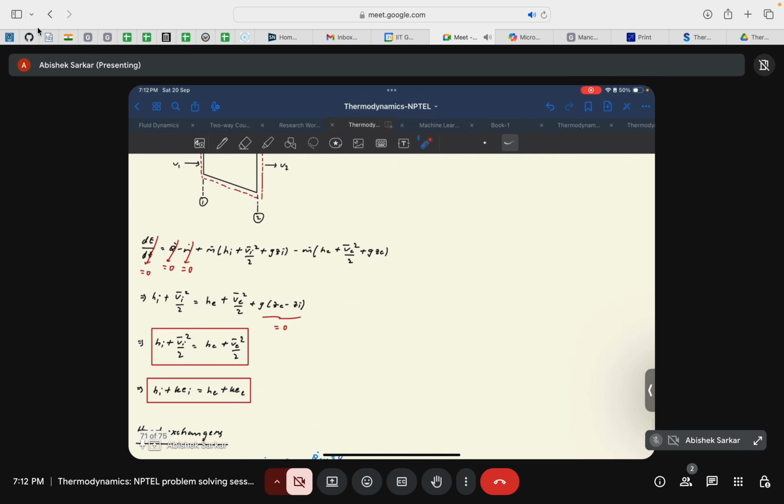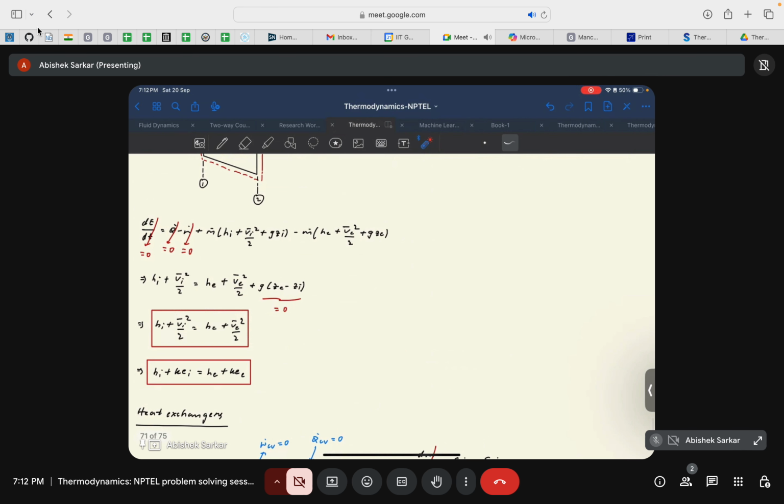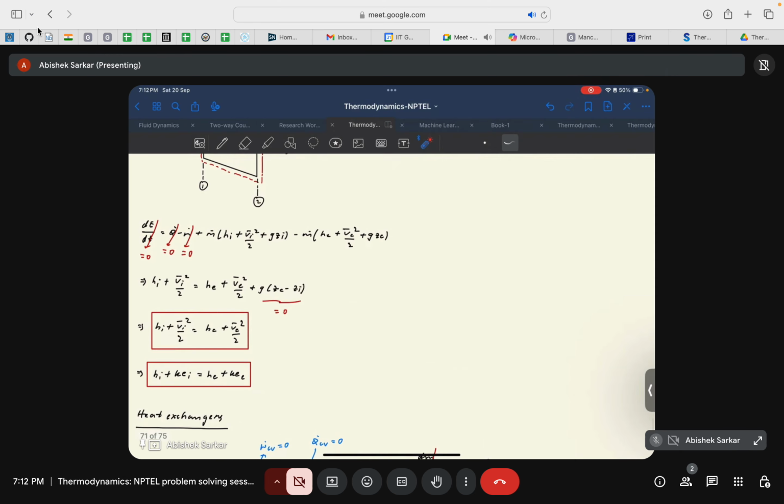Again, if you start with the energy flow equation, d by dt would be equal to 0. Net heat interaction and work interaction are 0, because if you consider the system to be adiabatic, then heat interaction inherently becomes 0, and work interaction is 0 because these devices do not produce or consume any work. Of course there is some flow interaction that is taken into consideration by the enthalpy term.